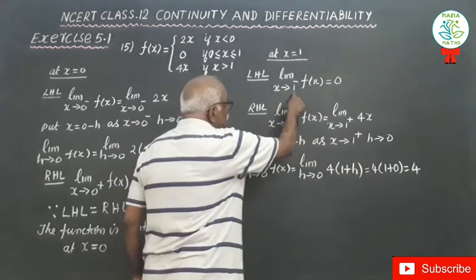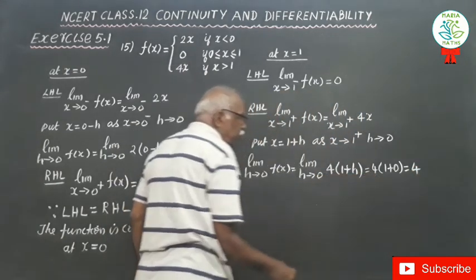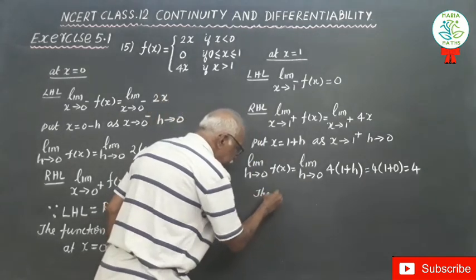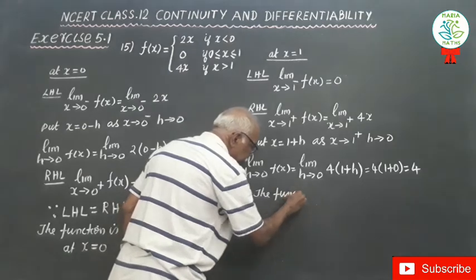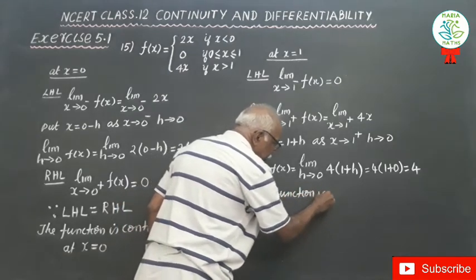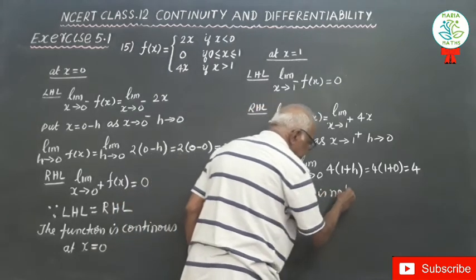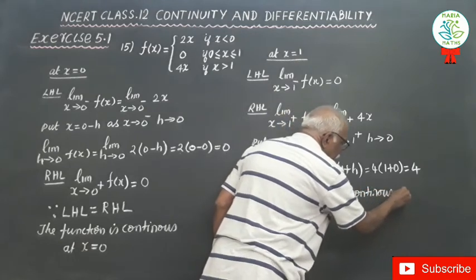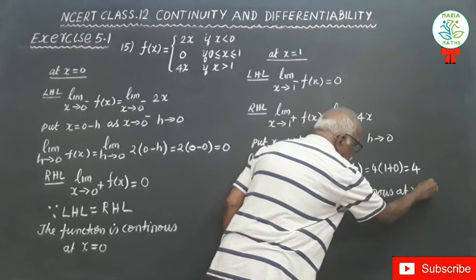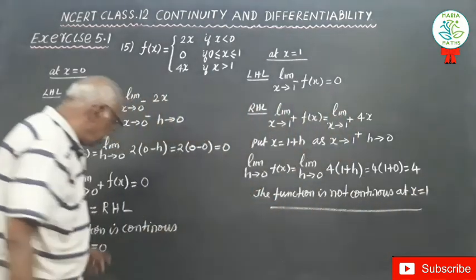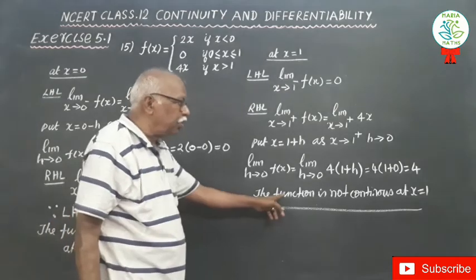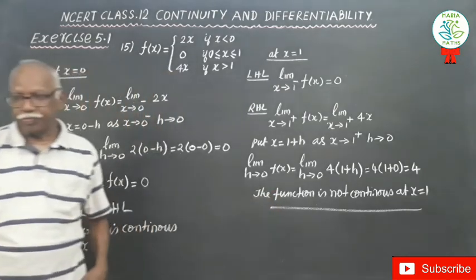So LHL is 0, RHL is 4. Since LHL is not equal to RHL, the function is not continuous at x is equal to 1. The function is continuous at x is equal to 0, but the function is not continuous at x is equal to 1.